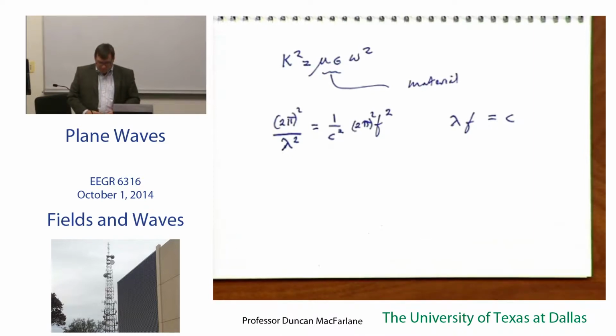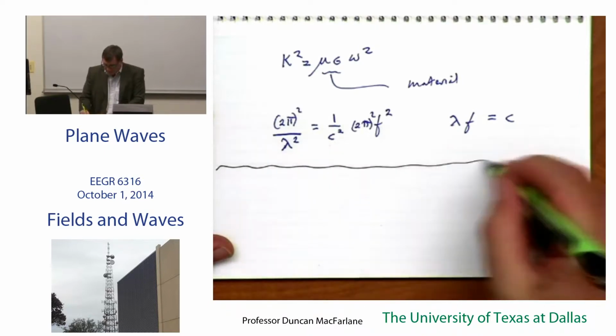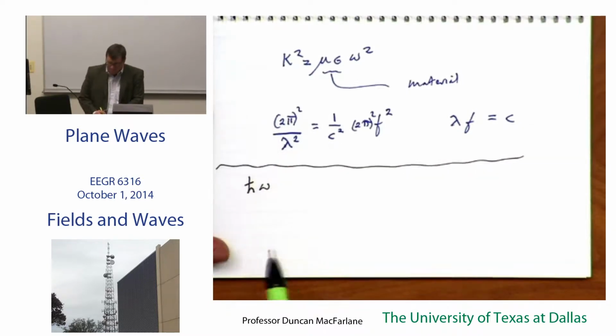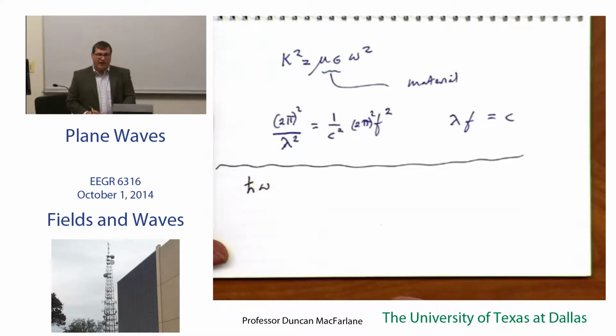Let me do one other thing for you. This is a little bit out of bounds because this is a purely classical course. But if I go h bar omega, this omega here, h is Planck's constant.